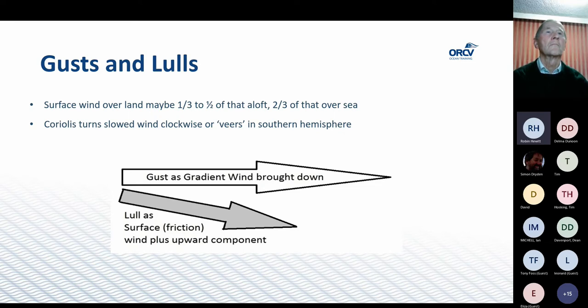So if that wind that's up high moves down to the surface of the land, the wind at the land surface will only be a third or a half of that aloft and 2/3 of that high wind speed over the sea. Now the term for the wind moving clockwise is it veers.